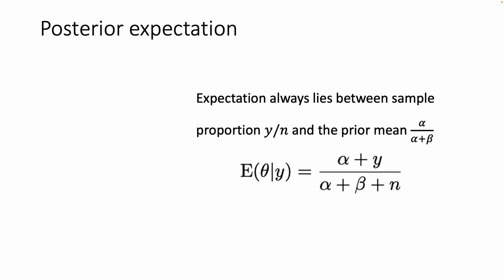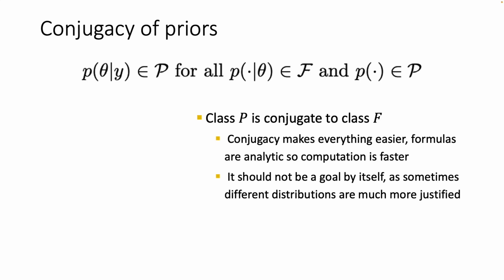And here we have a very specific situation that I want to cover. It's called conjugacy. Because as you can see, we've used a beta distribution as a prior, and we got a beta distribution as a posterior. Generally, something like that is called conjugacy. Conjugate prior distributions are such distributions that, when used with certain likelihoods, result in posteriors of the same class.